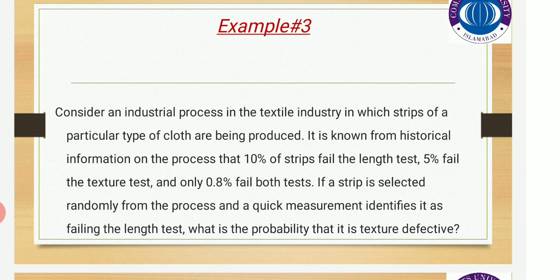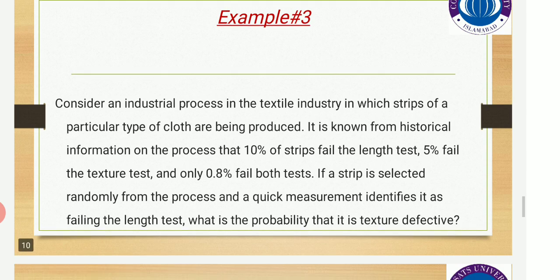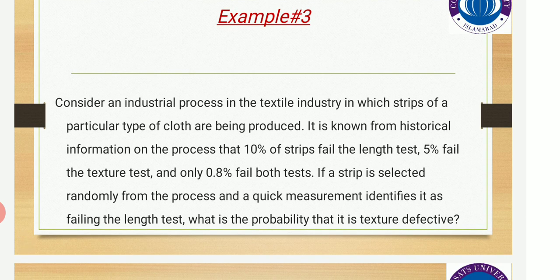If a strip is selected at random from the process and a quick measurement identifies it as failing the length test, it means it has already been identified that the randomly selected strip has failed the length test. What is the probability that it is texture defective?